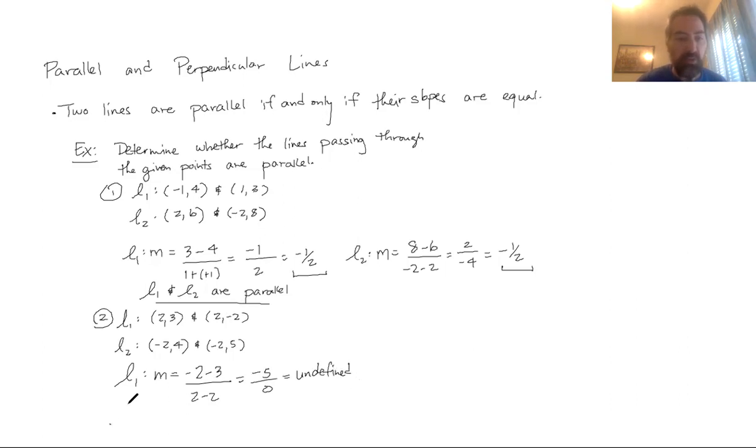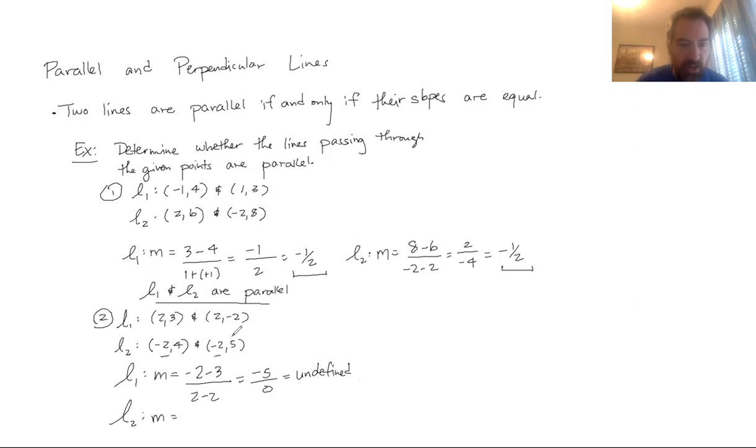All right, so now is the slope of L2 undefined? If it is, then these two lines are parallel. If they're not the same, then they're not parallel. So let's take a look. We can just look at these ordered pairs and see that the x values are the same, right? So again, we're going to have a vertical line with an undefined slope, but we'll work it out here.